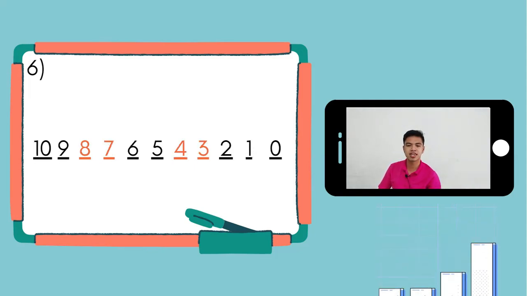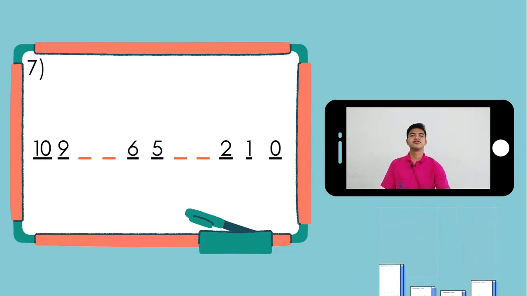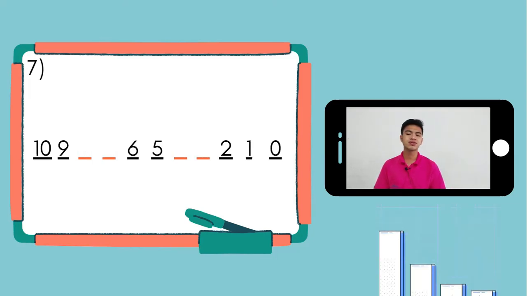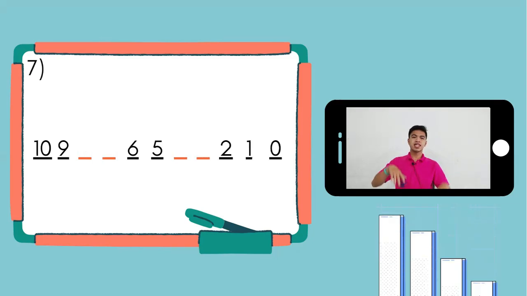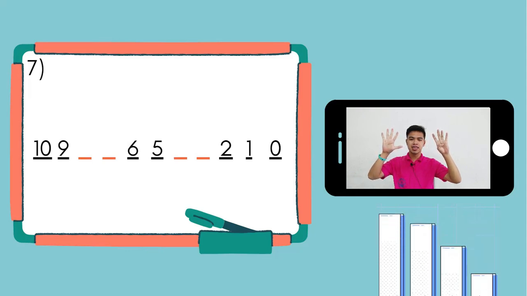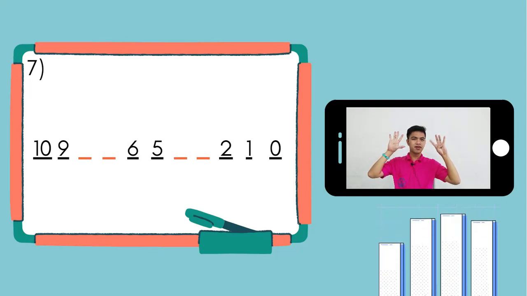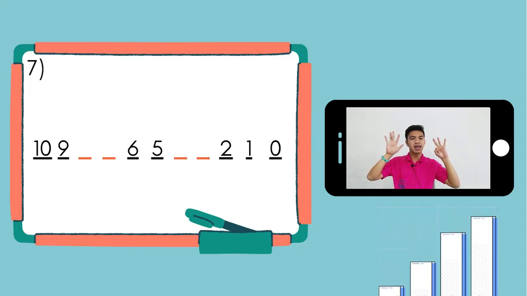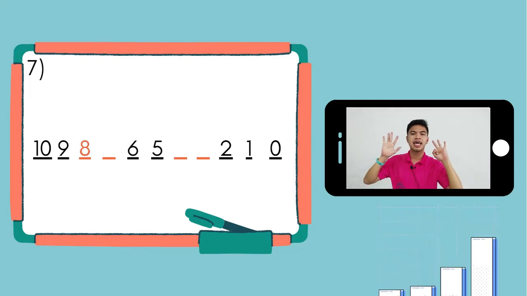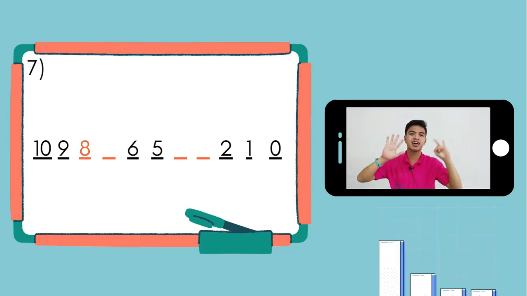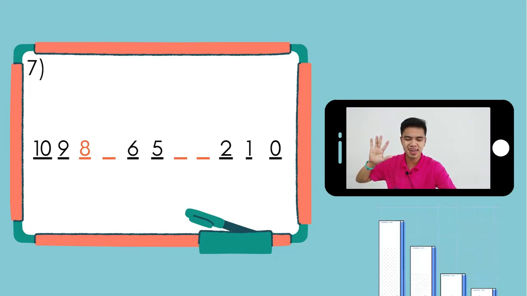And lastly, for the number 7. So for the last number, we will do it like this. It will begin from 10, and then 9, and then what do you think is next to 9? Very good, we will put down one more finger, and it will be 8. And then, let's put one more finger down, and it will become 7. Very good.